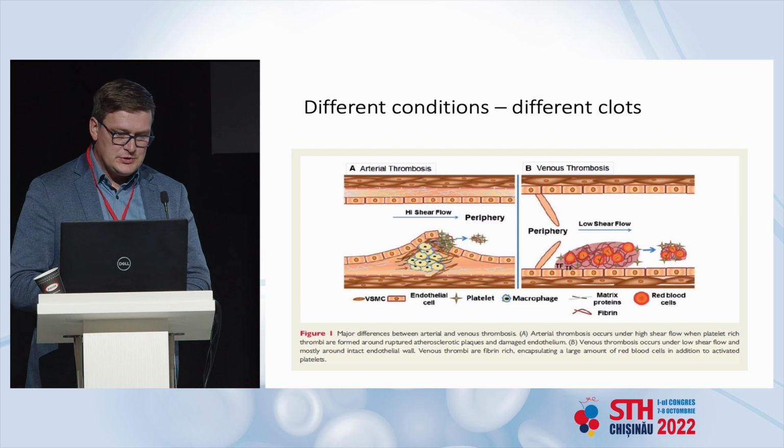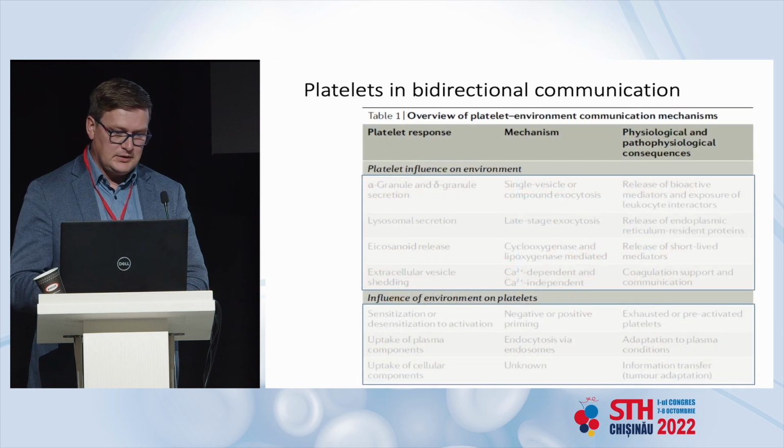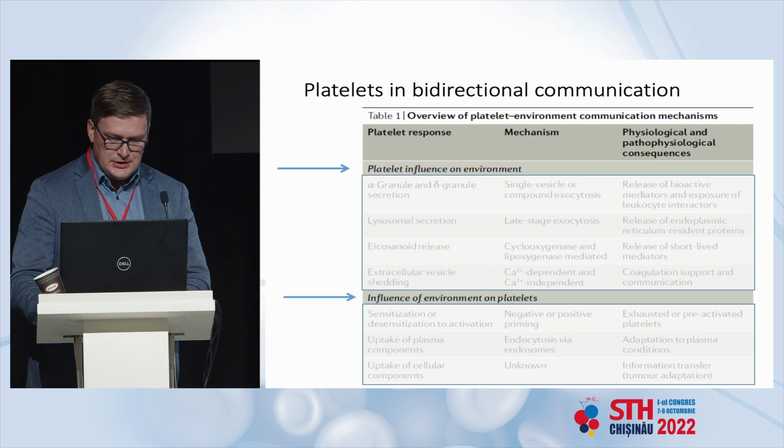The main mechanisms which influence the environment are secretory function like alpha and delta granule secretion, lysosomal secretion. And there are two mechanisms which were previously less described: eicosanoid release and extracellular vesicle shedding.